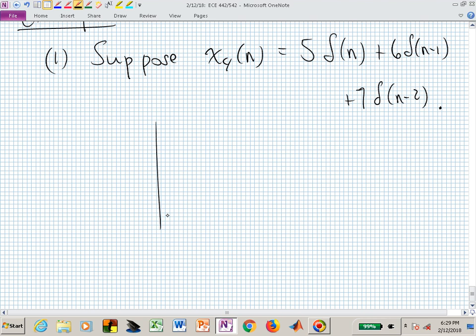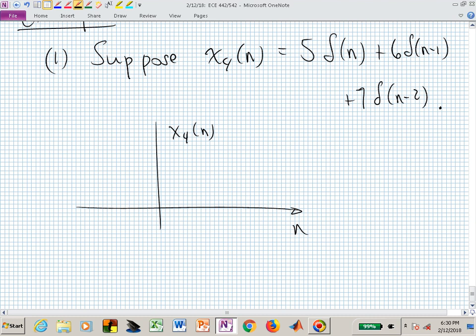Just so that we're all on the same page, what does that look like if we had to sketch that sequence in time? And those deltas are discrete time impulse waveforms, which have to be on when their argument is 0. That's what I mean by that.